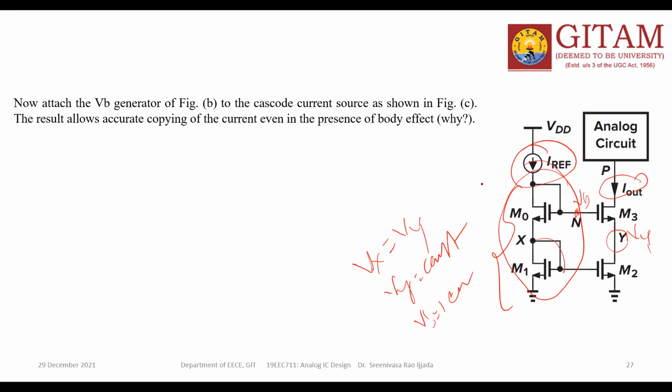Because earlier we took the ideal case and neglected a lot of things. But now we are going to be more practical. Whenever we go more practical, even small parameter values should not be negligible. So we bring channel length modulation as well as body effect into consideration, and to nullify them, these devices exist. This circuit is much more robust compared to the basic circuit.